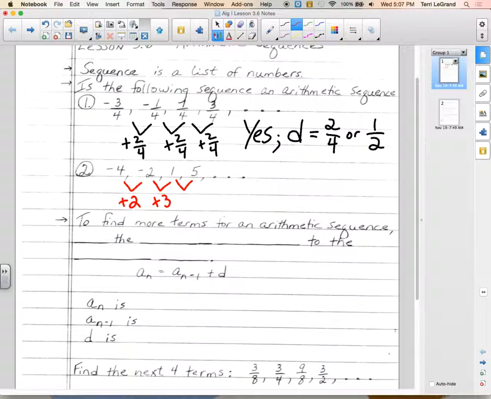Go from 1 to 5, add 4. This is a different type of sequence. We could not say that this was an arithmetic sequence. We would say no common difference. In other words, it isn't the same each time.